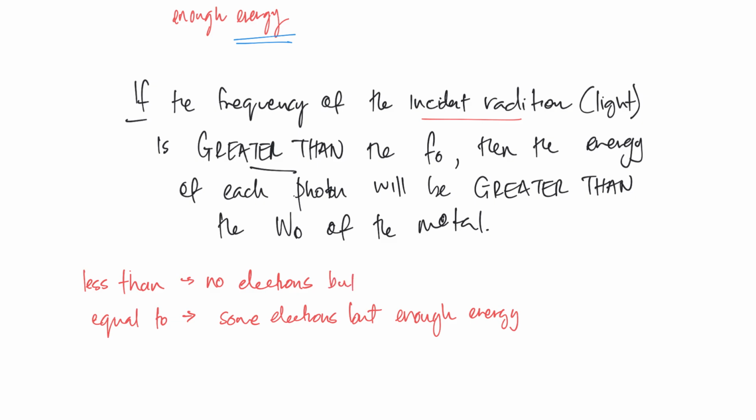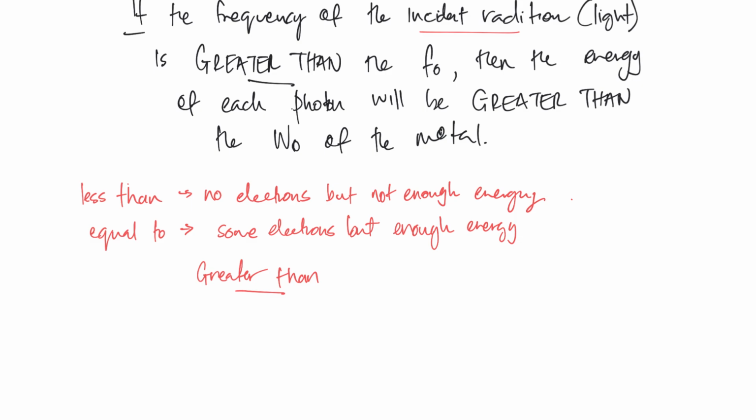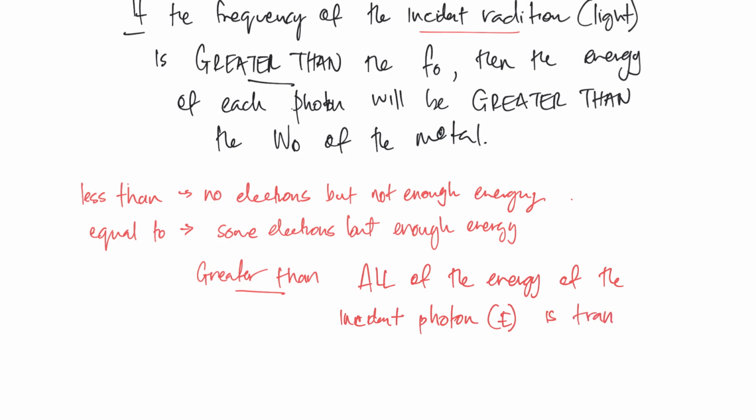And here I had not enough energy. Now we're saying that if it's greater than, all right, then all of the energy of the incident photon is transferred to the electron. So those are my three conditions.